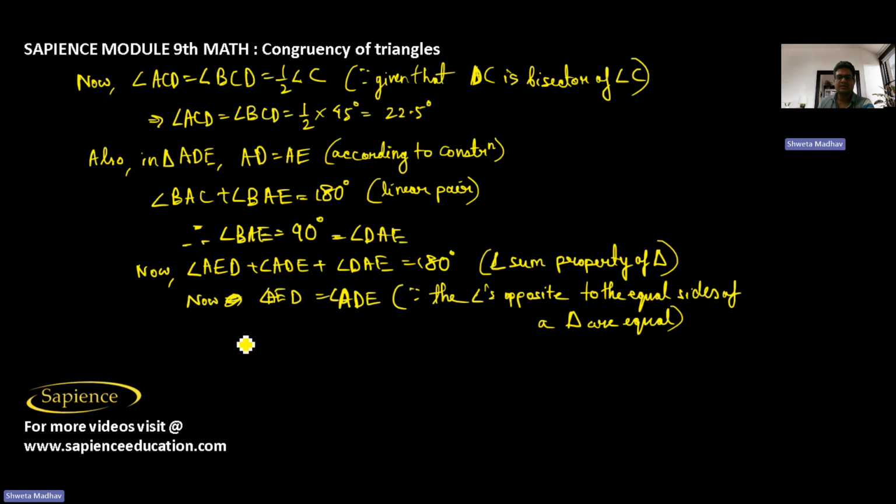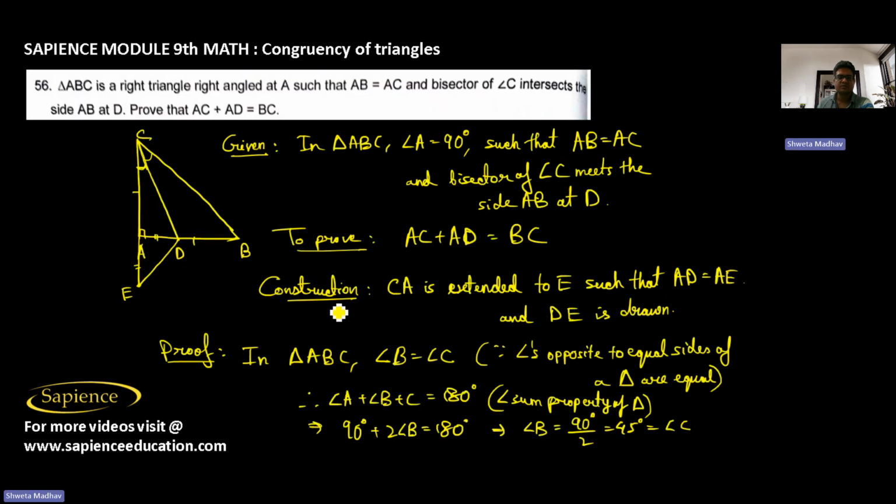And angle DAE is 90 degrees, so angle AED equals angle ADE, which will be 180 degrees minus 90 degrees divided by 2, that is 45 degrees. So here also each one is 45 degrees. This is 22.5 we have proved, and this is also 22.5 degrees.